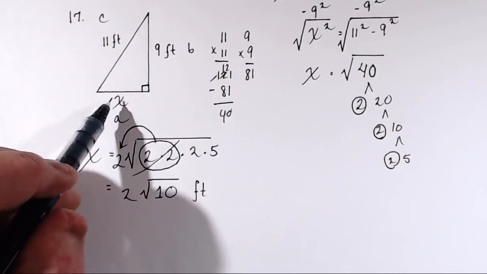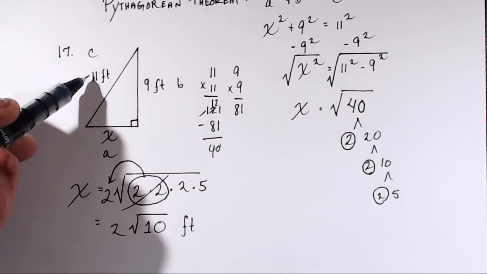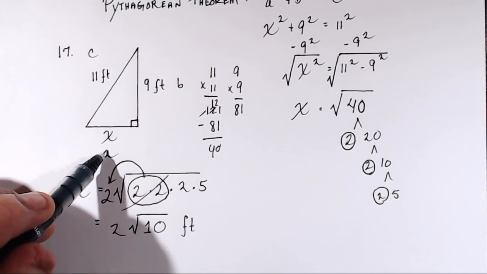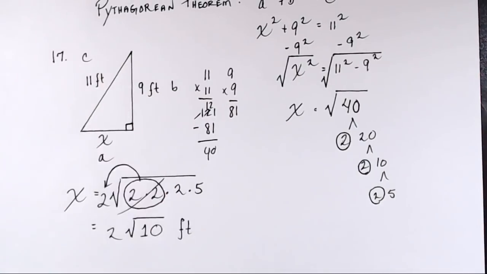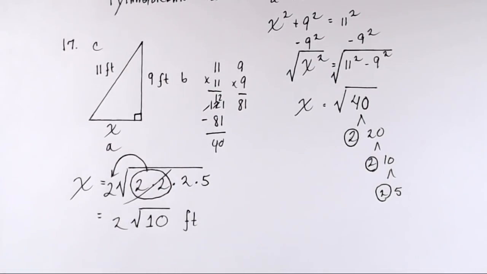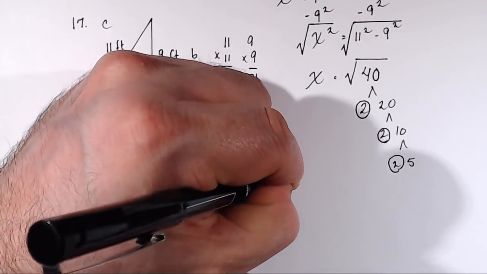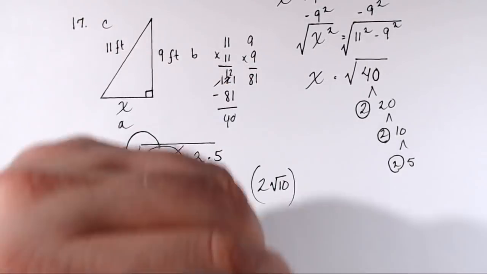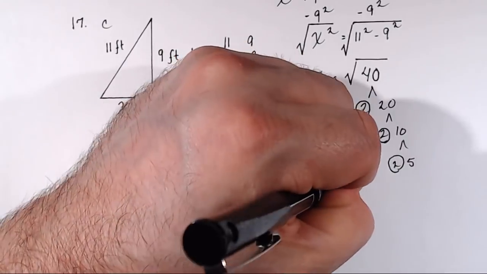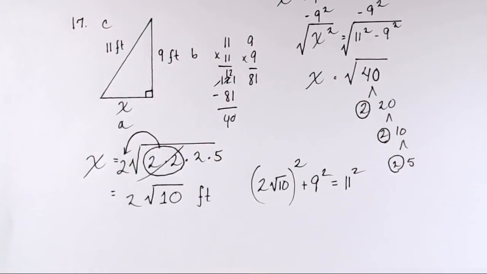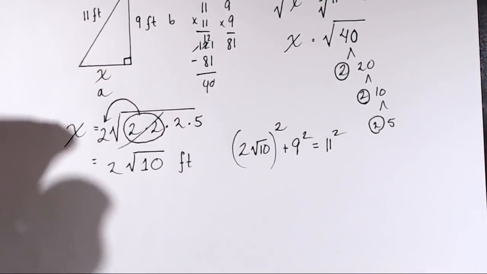If you plug that back into the Pythagorean theorem, you would get, if you did 2 square root 10 squared plus 9 squared, it would equal 11 squared. Just to prove it. That's how you check. And so what is 2 square root 10 squared?